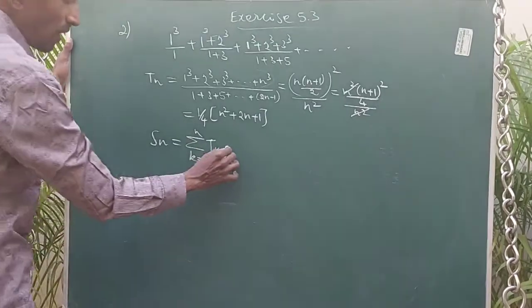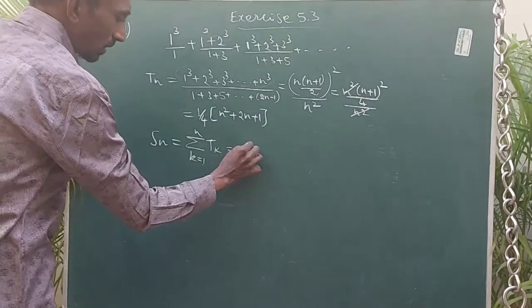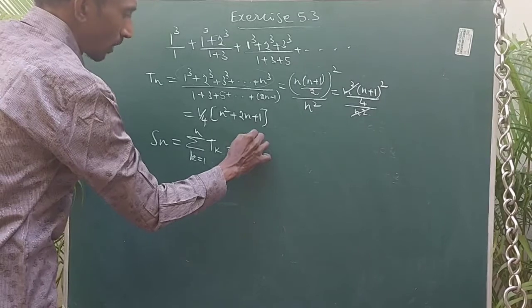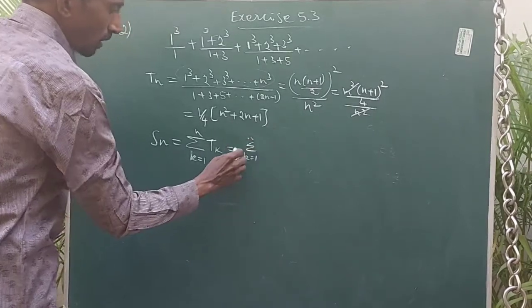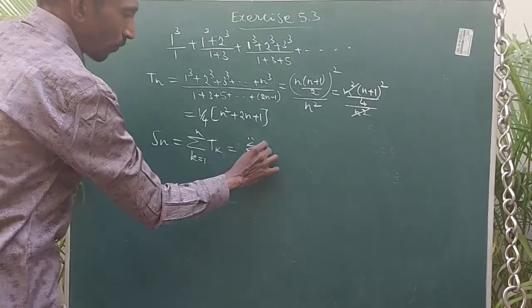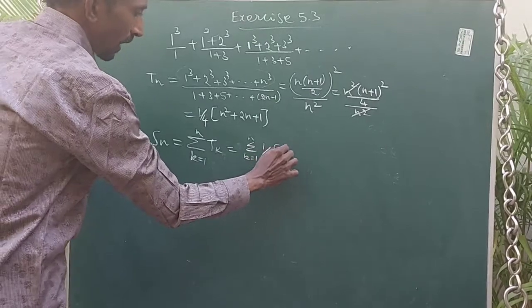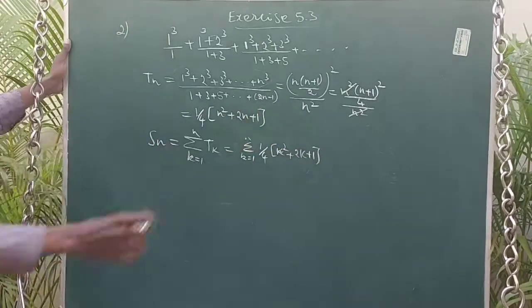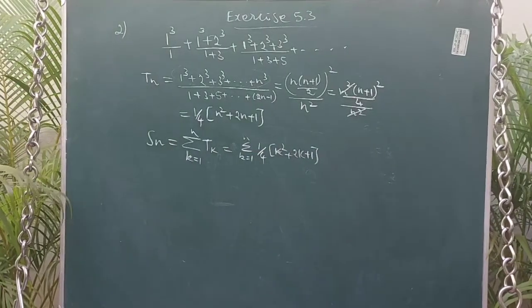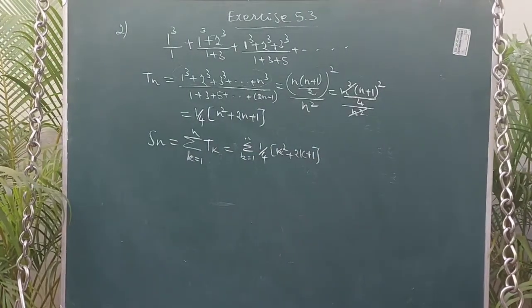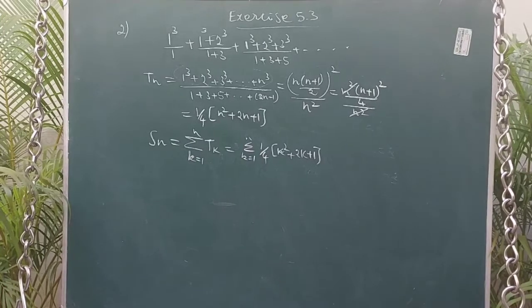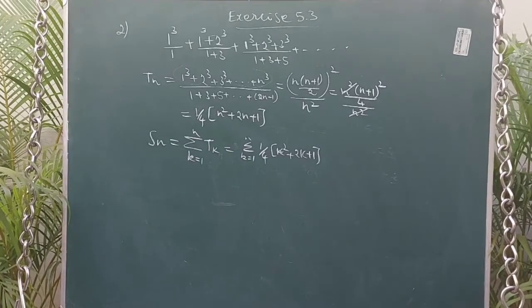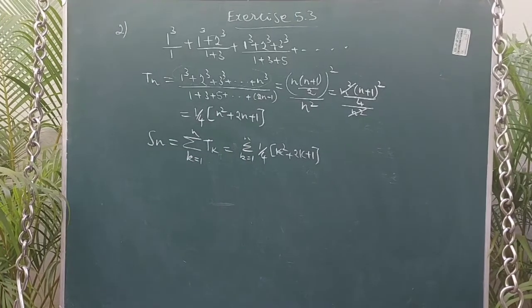So what are we getting? Sigma k equal to 1 to n, 1 by 4 into k square plus 2k plus 1. Or you can put n itself, no problem. Now divide this into 3 terms.